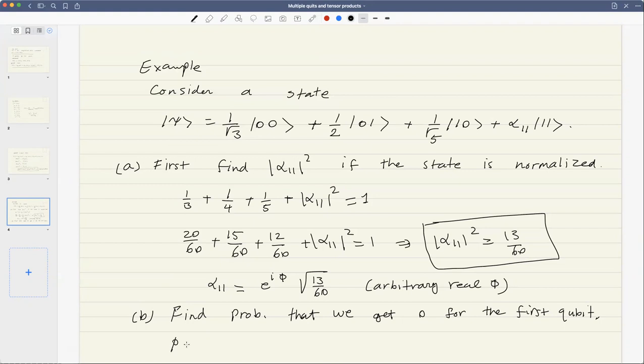So the probability of, let's say, first qubit 0 is going to be the probability of 0, 1 plus the probability of 0, 0. So the 0, 1 probability is going to be that number squared, so it's a quarter. And then 0, 0 is going to be 1 over square root 3 squared, so that's 1/3. So that adds up to, I guess, 7 over 12.